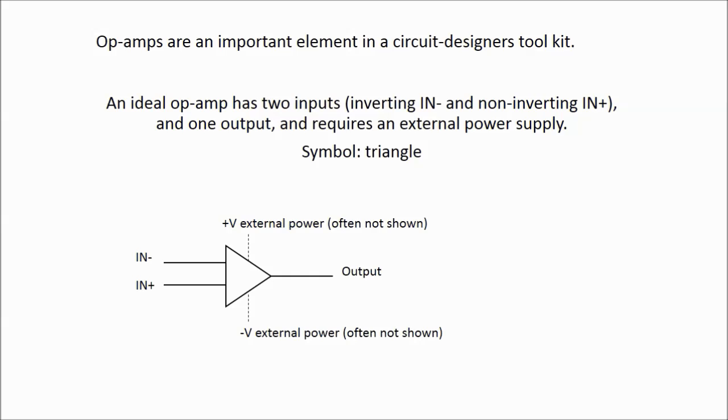We have one output, and then there will also be other connections on the op-amp itself for things like the external power supply. I'm putting that in here now because I don't want you to think that the op-amp is a standalone device. It does require an external power source, but those often are not illustrated in an actual circuit diagram.